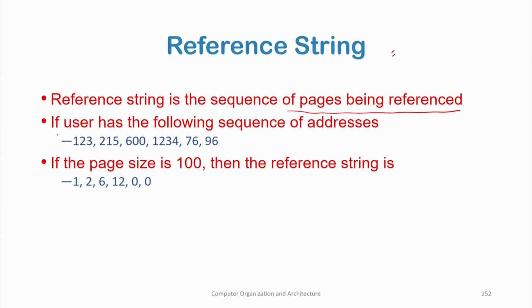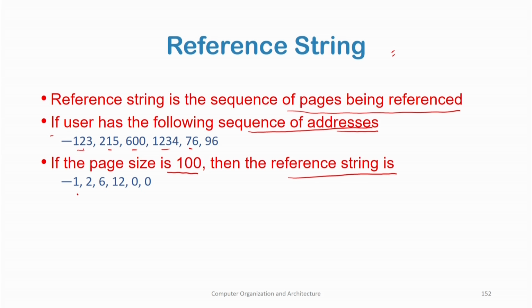For example, if a user has the following sequence of memory accesses: 123, 215, 600, 1234, 76, 96, and if the page size is 100, then the reference string is 1, 2, 6, 12, 0, 0.